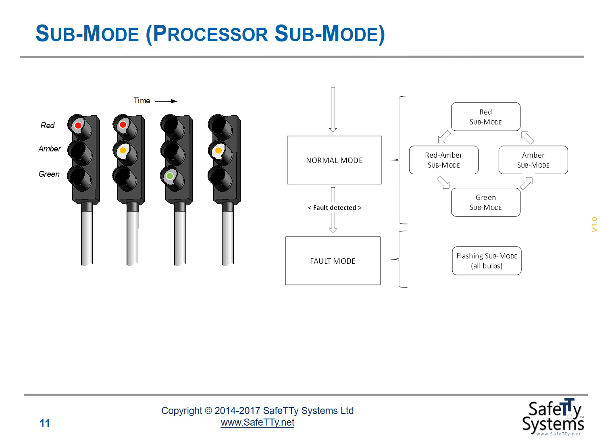Here's an example of the use of modes and submodes. So here we have a simple traffic light system. These are the possible submodes. We're assuming that within the normal mode, the traffic lights may be in a red submode, a red and amber submode, a green submode, and an amber submode.